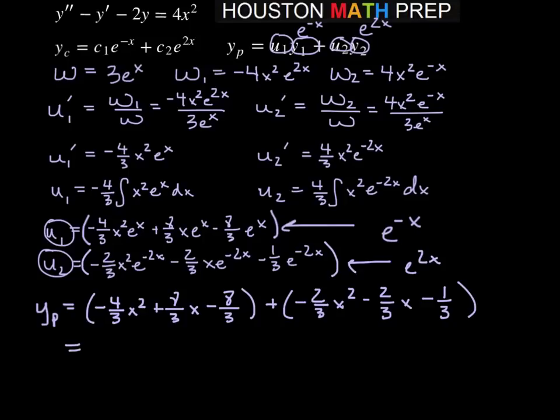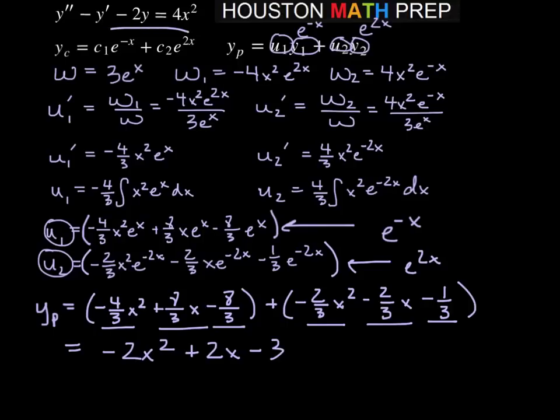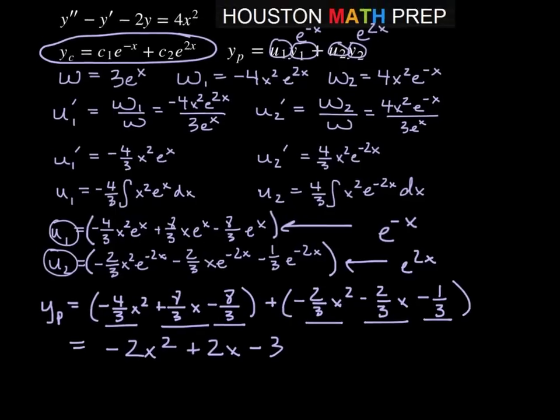And so it turns out when we combine this and this, we get negative 2x squared. When we combine the 8/3 x and the minus 2/3 x, that'll give us a plus 2x, and then the minus 8/3 and minus 1/3 would give us minus 3. So that's our y sub p. We just need to combine that with our y sub c, which we already have, and then we'll have our answer.